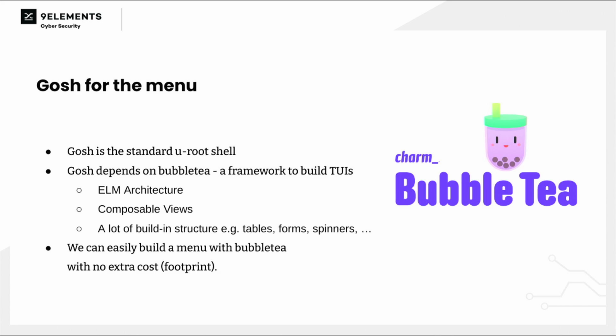It supports composable views, and has a lot of built-in structures like tables and forms and spinners and animations and so on and so forth, right? So it gives you a lot of TUI components that you could potentially need, even though in the Gosh shell we are not using them, but they still get compiled in because it's a dependency. So that makes our life much easier to build a menu using that Bubble Tea library, because it comes with essentially no extra cost in terms of footprint.